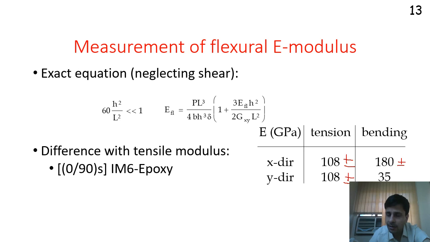And you will notice, and I will come back to this later, that the scatter for bending is much higher than the scatter for tension. And why is this so? We will discuss in a few minutes.